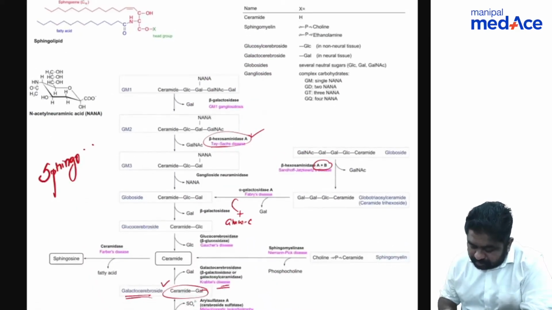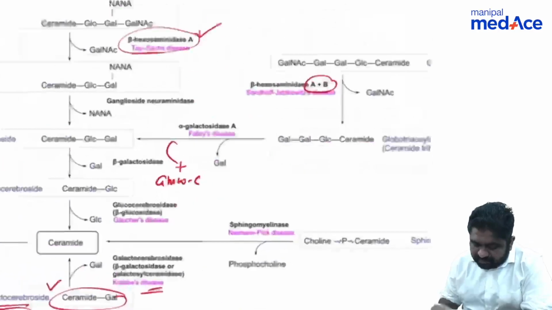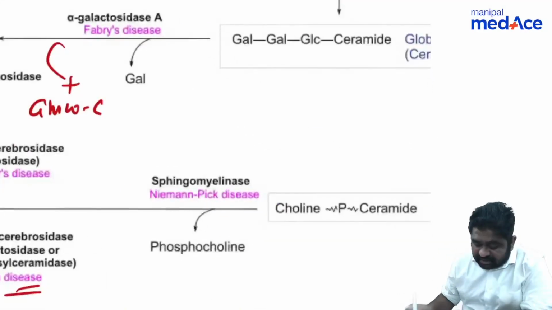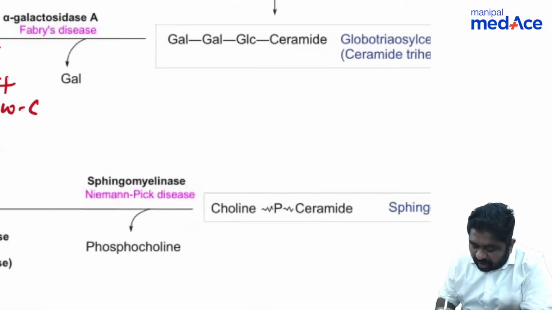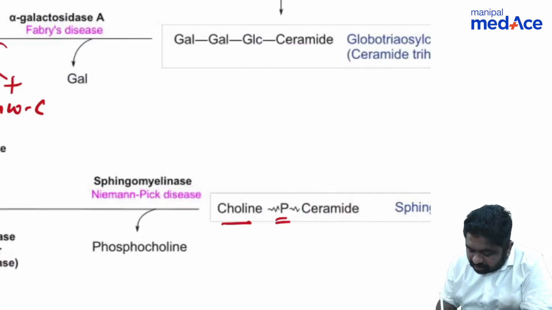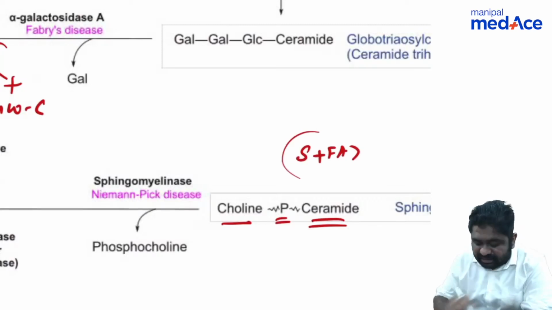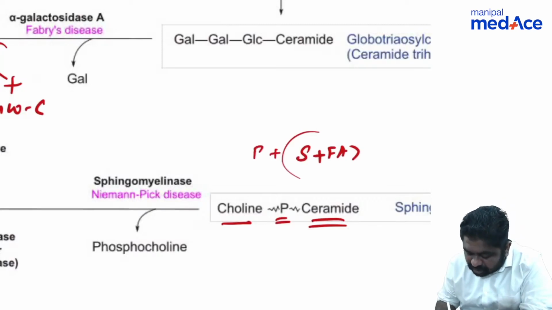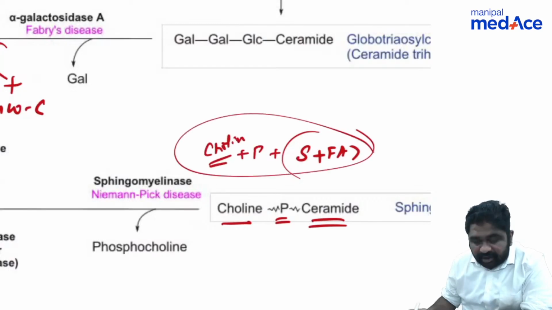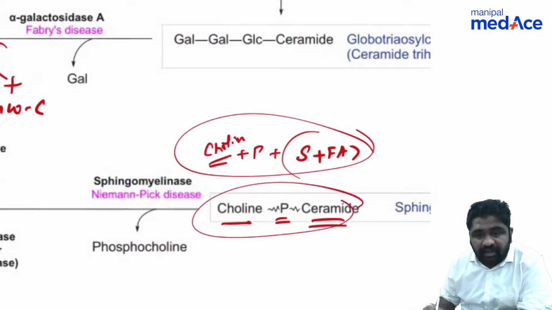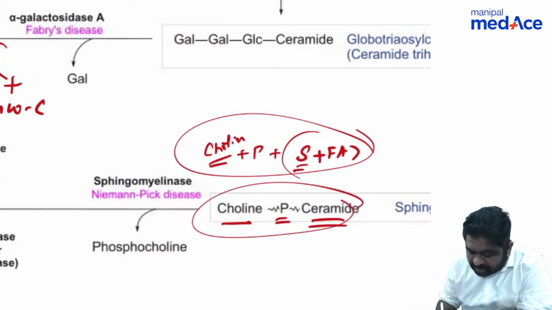Okay, now these are the diseases. What is Niemann-Pick disease? See, normally you have choline plus phosphate plus ceramide. What is ceramide? Sphingosine plus fatty acid is ceramide. We saw it at the other end. To which I add a phosphate, to which I add a choline. The moment choline has come, it has become a nitrogen-containing kind of lipid. So you have sphingomyelin. Sphingomyelin means sphingosine plus fatty acid plus phosphate plus choline.